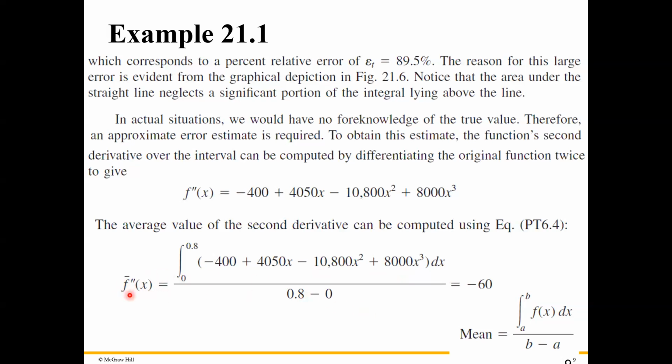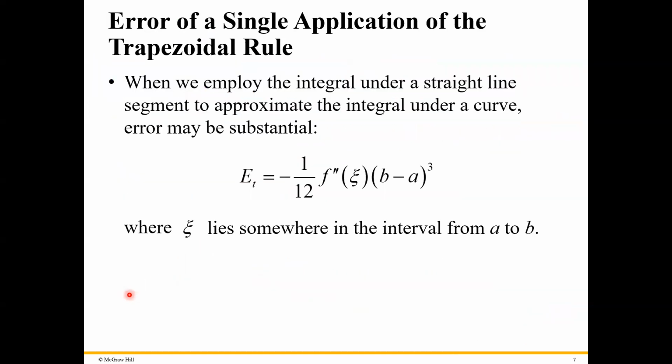So why are we taking the average? In the formula, what we have seen is that we are finding the second derivative at some value, which is represented by this symbol, and this symbol lies somewhere in the interval from a to b.